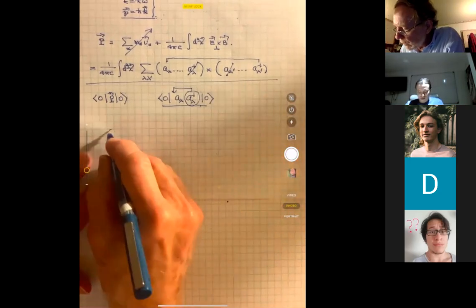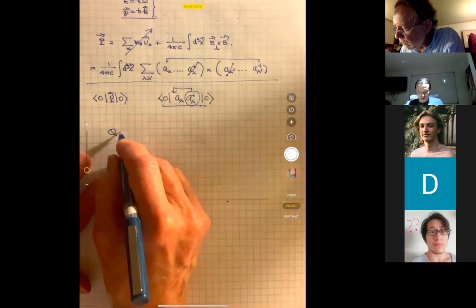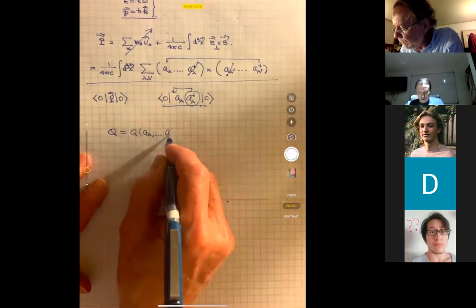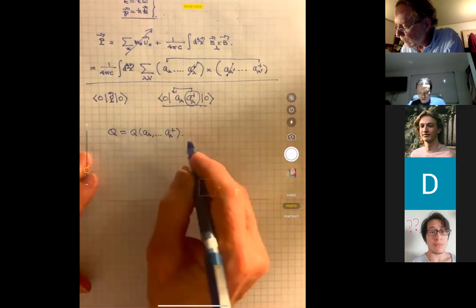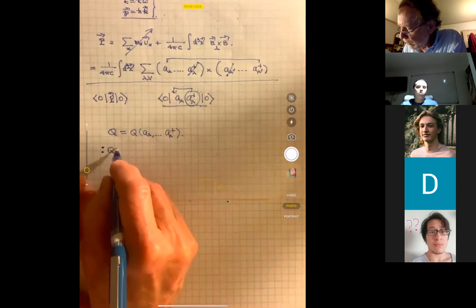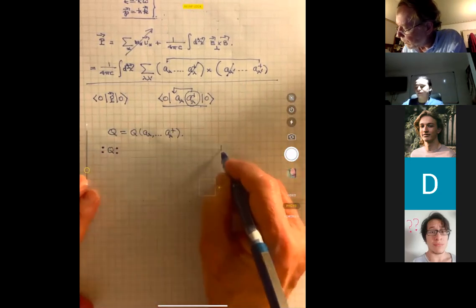here's what we do. Let Q be a polynomial of A's and A daggers. Then we'll define what we call the normal ordered polynomial, and the notation is surrounded by colons.